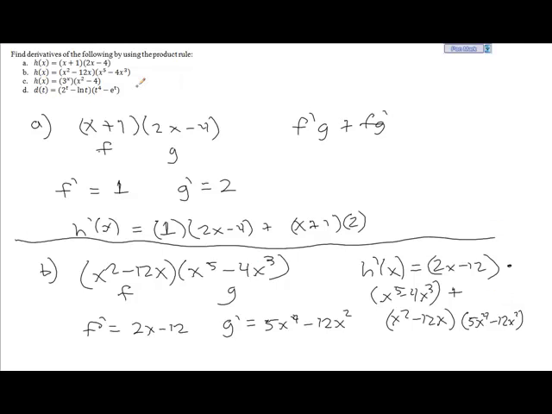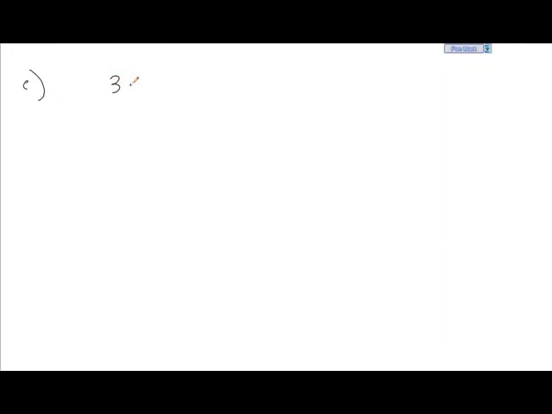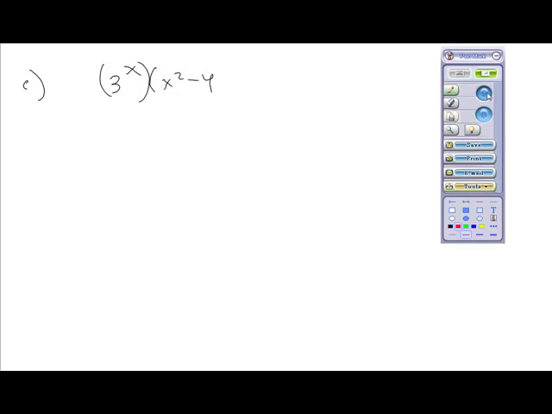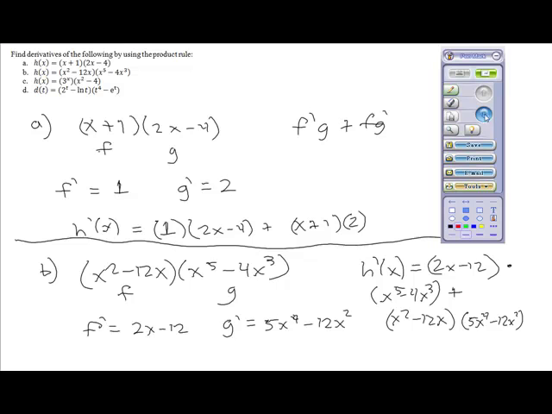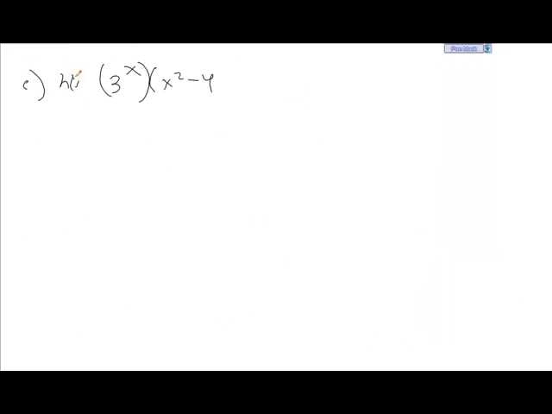So now we'll take a look at 3 to the x times x squared minus 4. And this function we're calling h of x again. So h of x equals this. Now we'll call this guy f and we'll call this guy g.